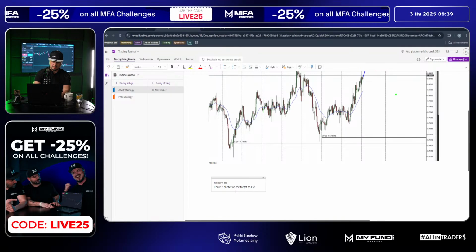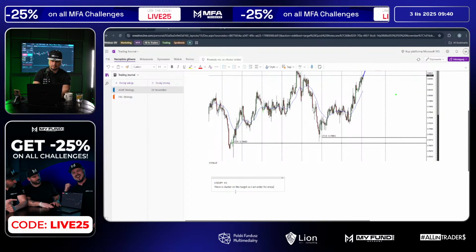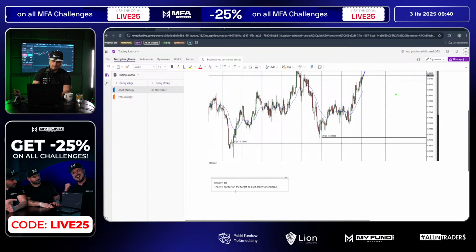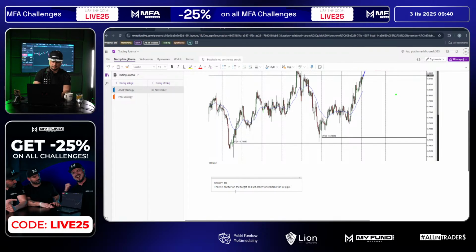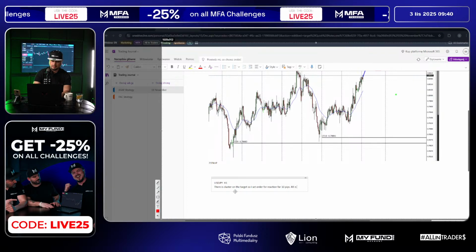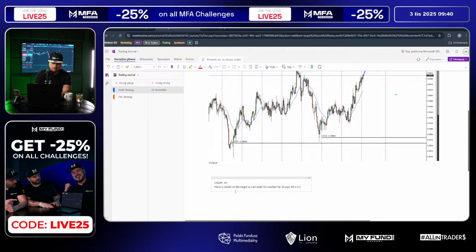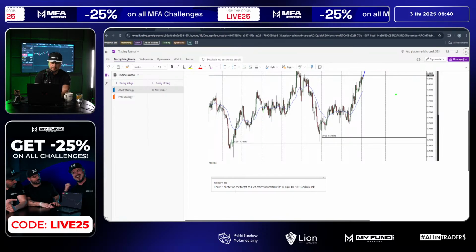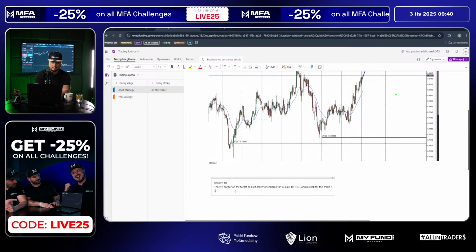So I set order for reaction for 10 pips. Risk to reward is 1 to 1. And my risk for this trade is 1%.